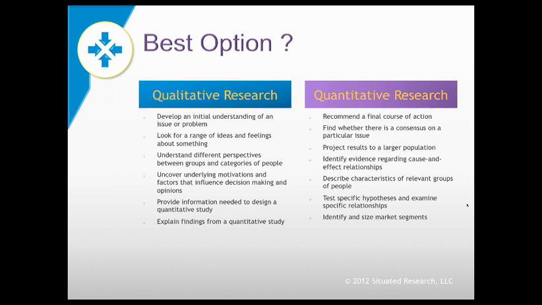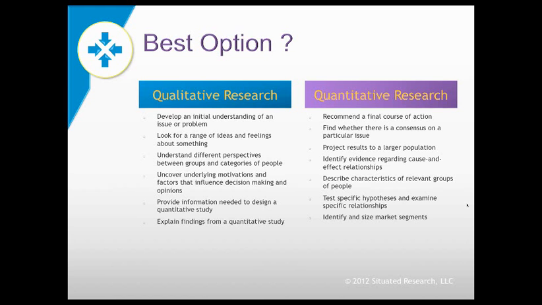Or when you need to explain findings from a quantitative study, because remember, quantitative studies are all about numbers. And so how do you interpret those numbers? Sometimes qualitative research has to be done alongside. Now, when you want to do quantitative research, you want to do it because you want to recommend a final course of action. You want to find whether there is a consensus on a particular issue.